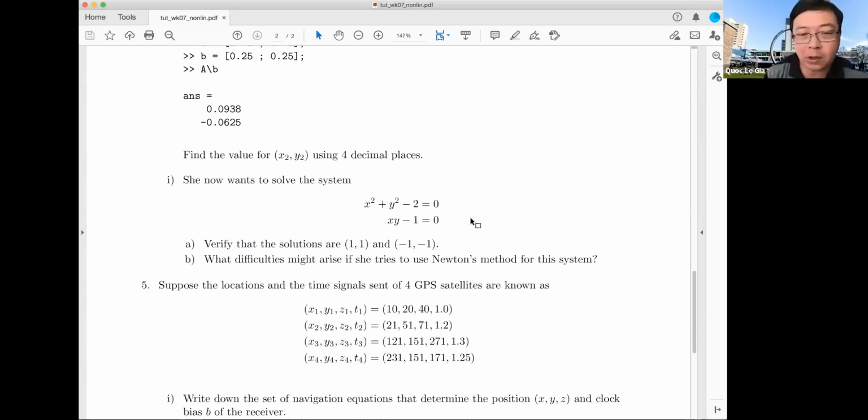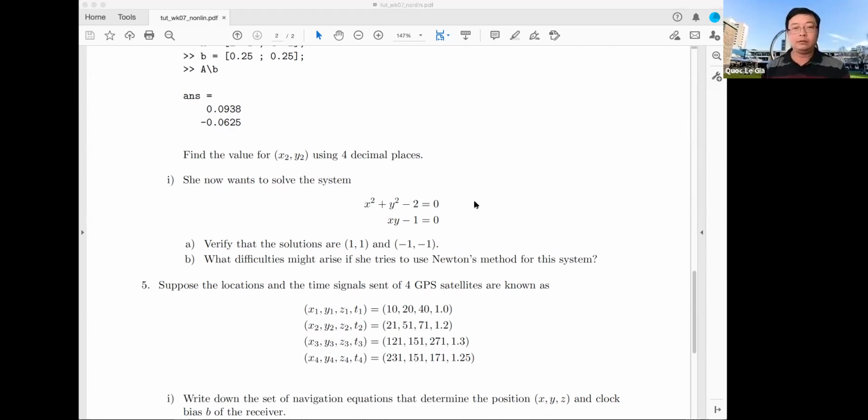Well, what is the Jacobian for this one? Let me write it down quickly.